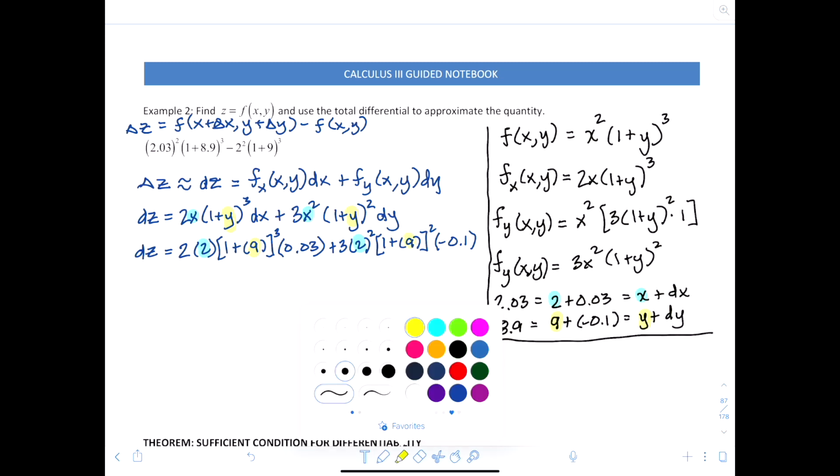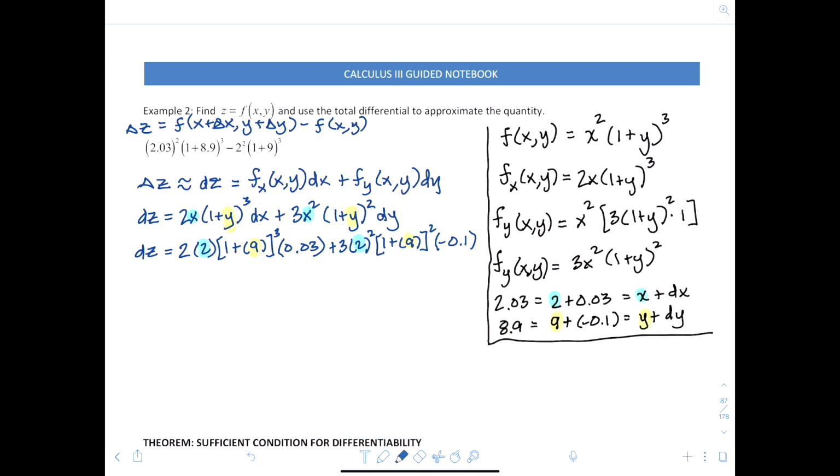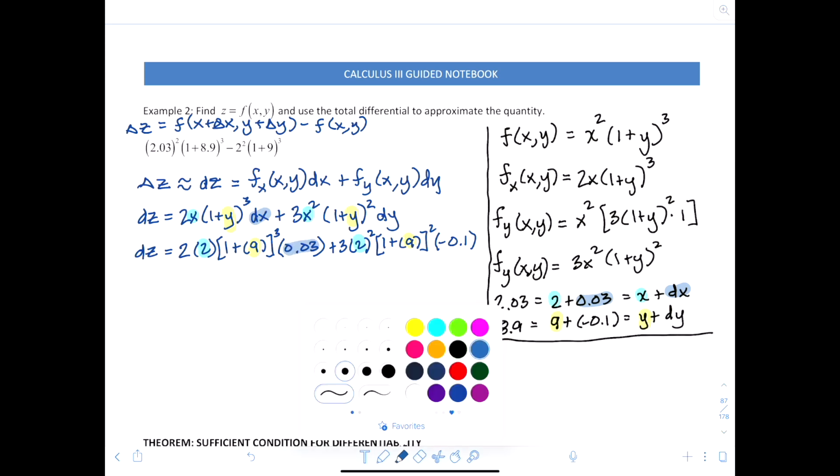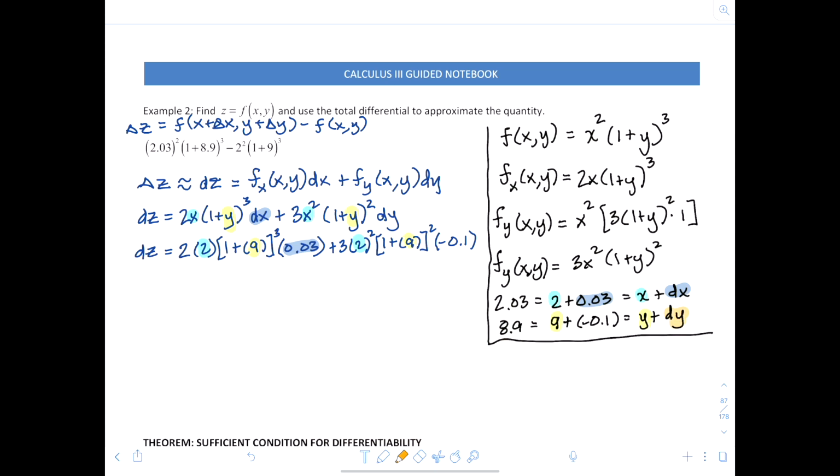And our dx was 0.03, and our dy was negative 0.1. Cool?